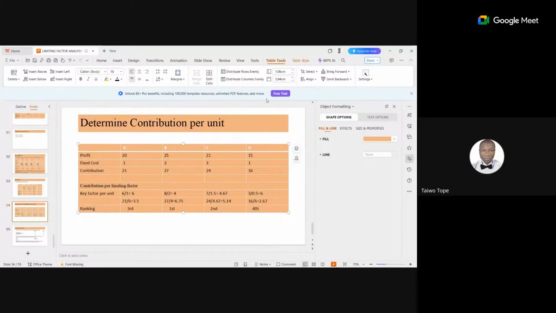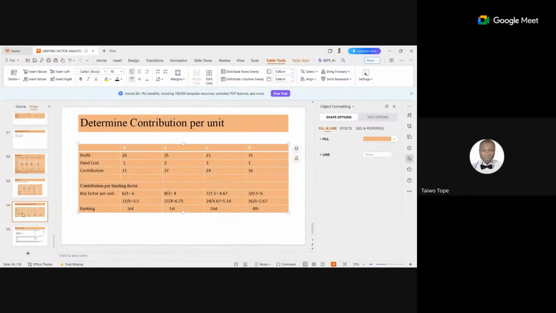This is the fourth. So what next are we going to do? We are to allocate the production based on the available hours. And the available hours is 300,000 hours.